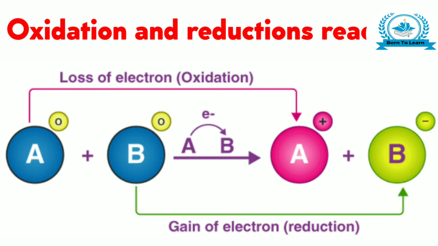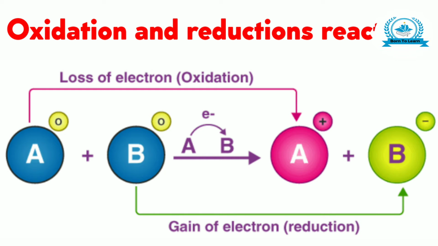We will now define the oxidizing agents and reducing agents. Oxidizing agent: 1. The substance which gives oxygen for oxidation is called an oxidizing agent. 2. The substance which removes hydrogen is also called an oxidizing agent. Reducing agent: 1.